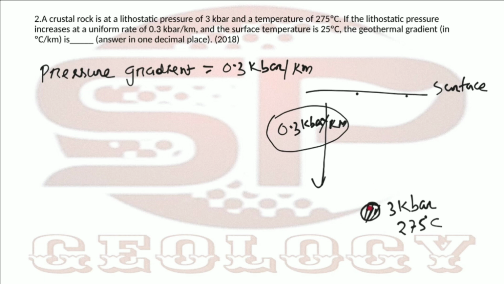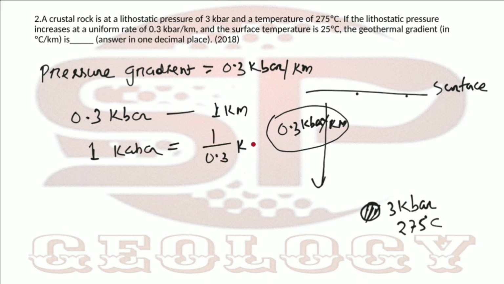First we have to calculate the depth of the crustal rock. The pressure increases 0.3 kilobar per kilometer, so 1 kilobar will be 1 by 0.3 kilometer.